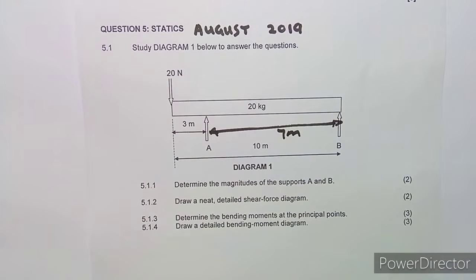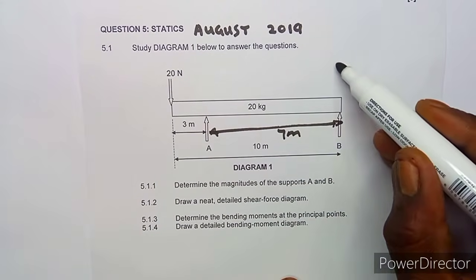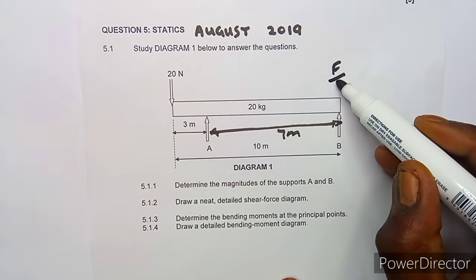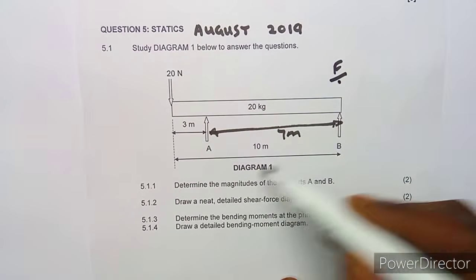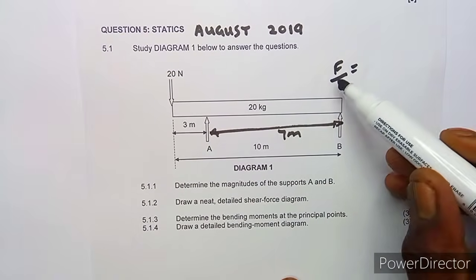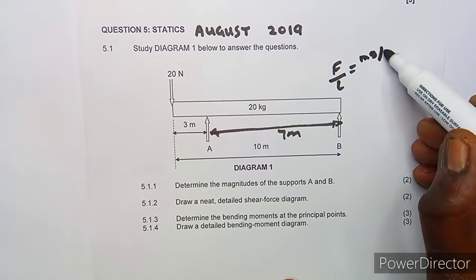So what we need is to know the force that we shall have per meter for this distributed load. In order to find that, we simply find the force first, then divide by the length, which is the distance from A to B. So that will be force per meter. The force in this case is mg over the given length.